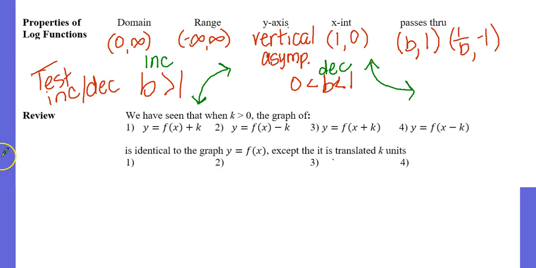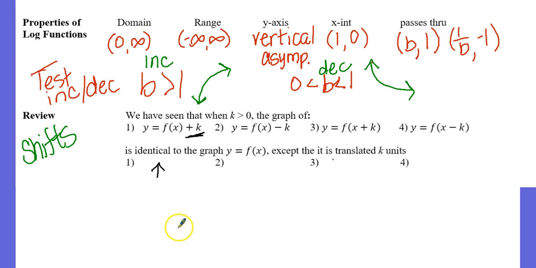All right, let's review shifts really quickly. Actually, this could be in pencil. You don't have to do it in green. All right, so just reviewing shifts, we have seen that when k is greater than 0, the graph of y equals f of x plus k is identical to the graph y equals f of x, except that it's translated k units up.